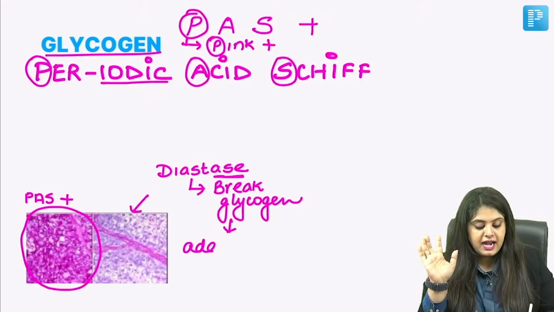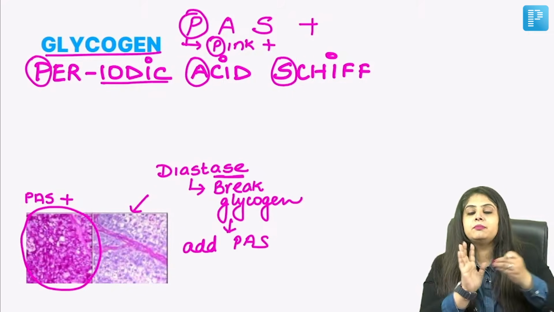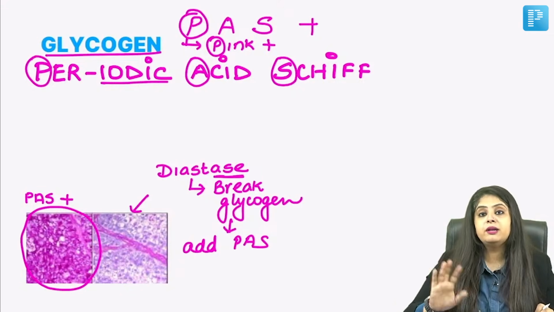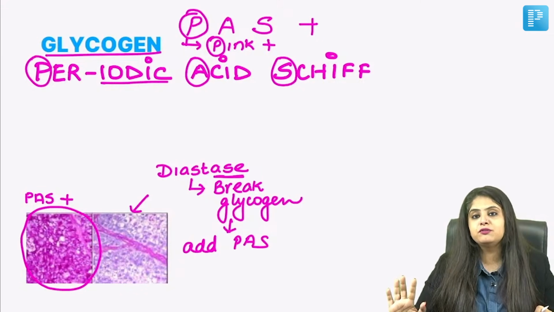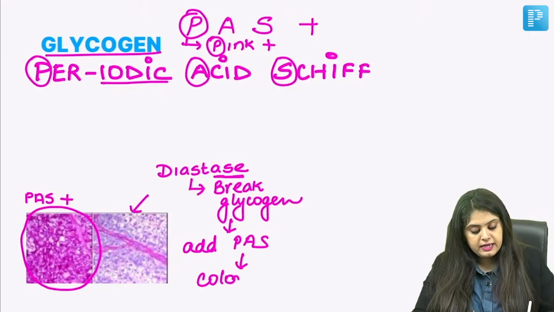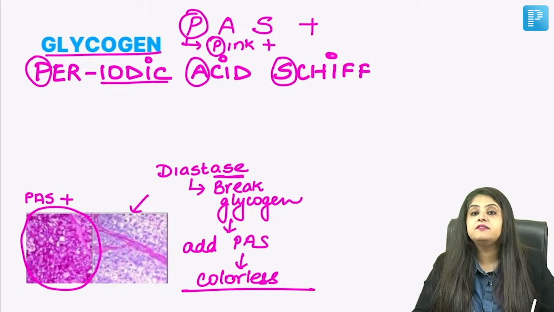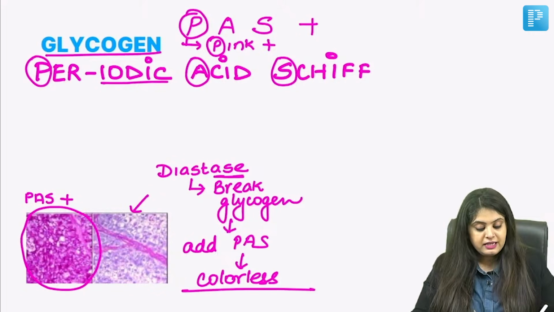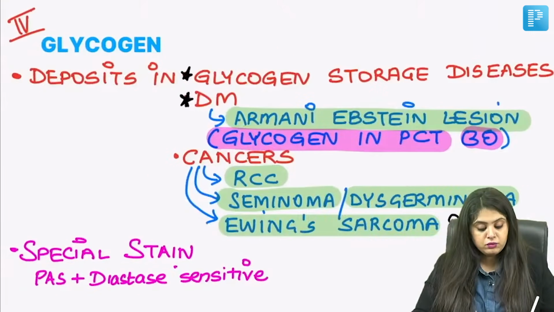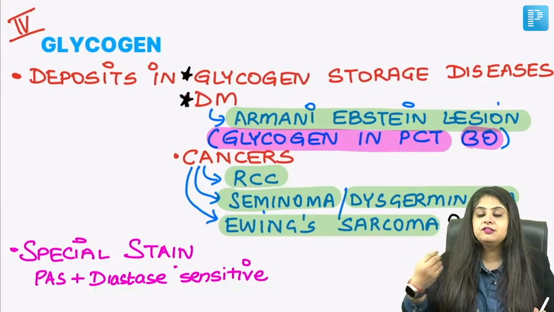Now when I will add PAS, you thought I will add PAS, I will get pink color. But I had secretly gone and slowly put diastase. I have vanished all the glycogen from there. Now will you get a pink color? No ma'am. Now I will get it to be colorless. I will get a white color. So can I say that diastase can break glycogen? Glycogen is very, very sensitive to diastase. You put diastase, glycogen will break off.